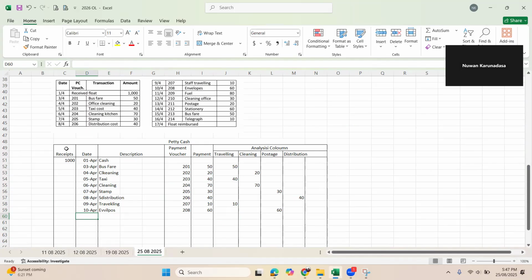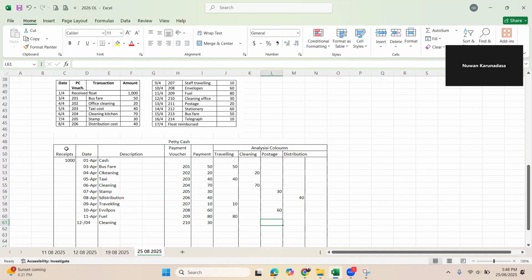Then 11th April, fuel, 209. That is 80 rupees, so we'll take it under traveling. It's fine, the 11th is done. 12th April, cleaning, 210, 30 rupees.